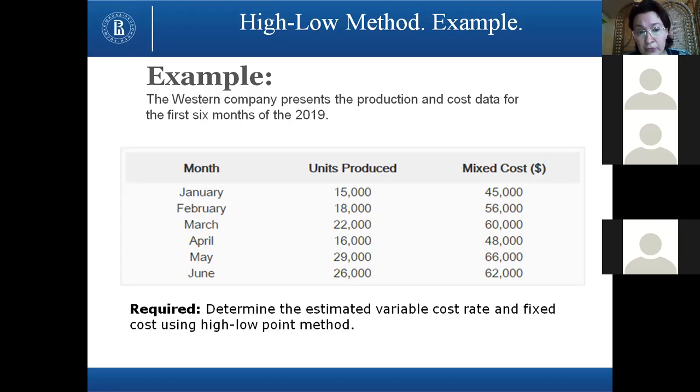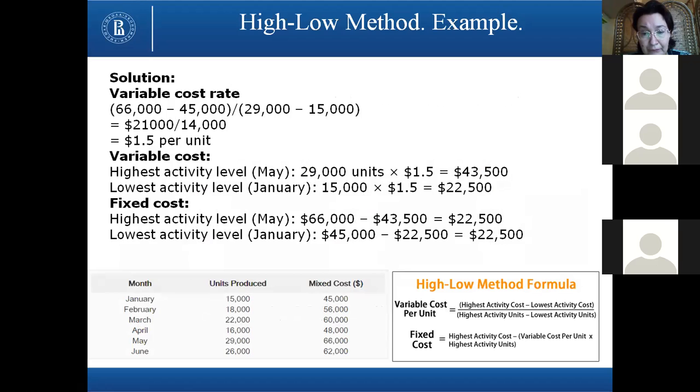So we are going to apply the high-low method. At the bottom of my screen, you can see the formula and the figures. And we should apply the figures properly.